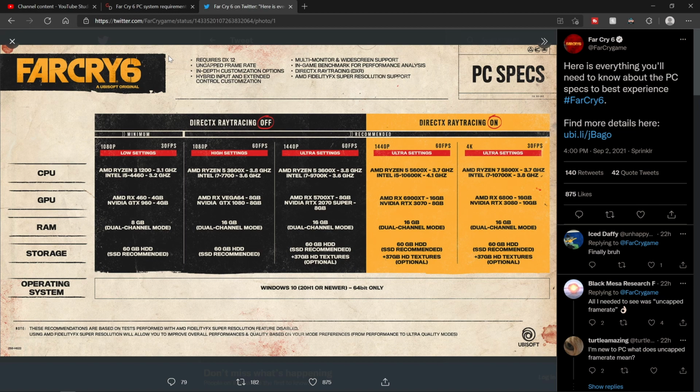It has uncapped frame rates, in-depth customization options, hybrid input and extended control customizations, multi-monitor and widescreen support, in-game benchmark for performance analysts, DirectX ray tracing or DXR, and AMD FidelityFX Super Resolution support. Now Far Cry 6 does not support DLSS, which I don't know why. I think that's pretty stupid that they don't, because if it has ray tracing, it's going to be very useful to have that performance-enhancing DLSS to go right along with it.